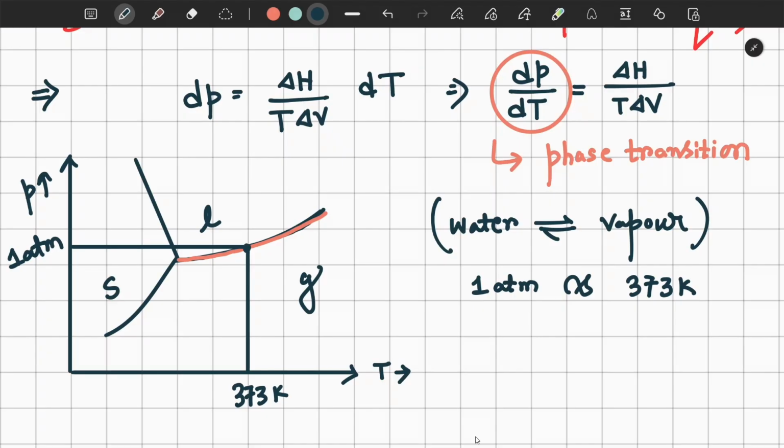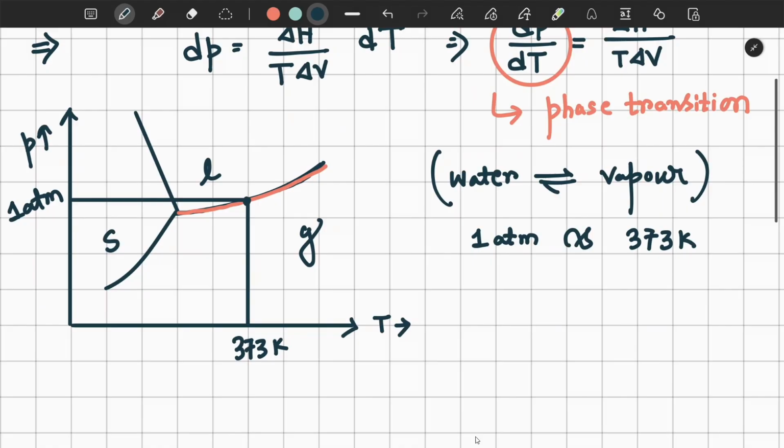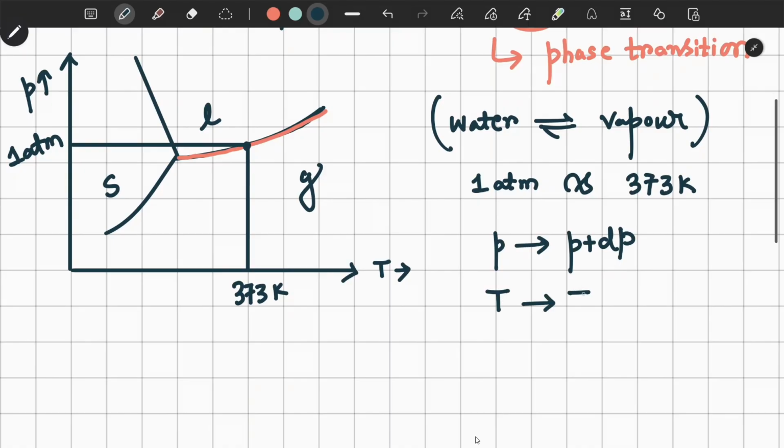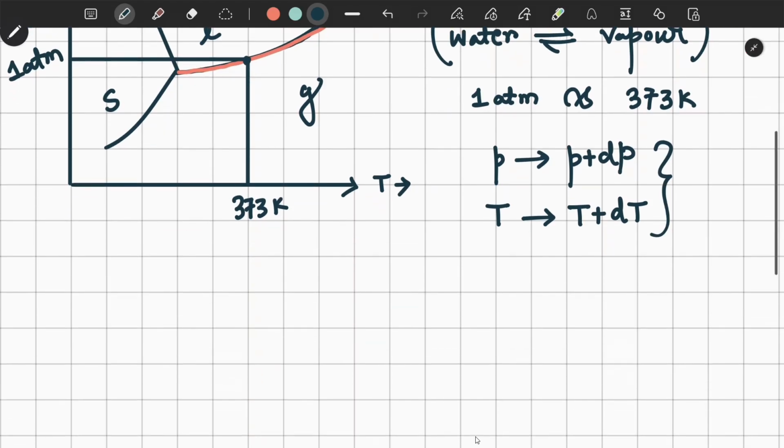You can change only one. So dP/dT is the dependency of pressure and temperature on each other. If you change the pressure from P to P plus dP, then the melting point or boiling point, the transition point, will change to T plus dT, and this dP/dT can be calculated using this formula.